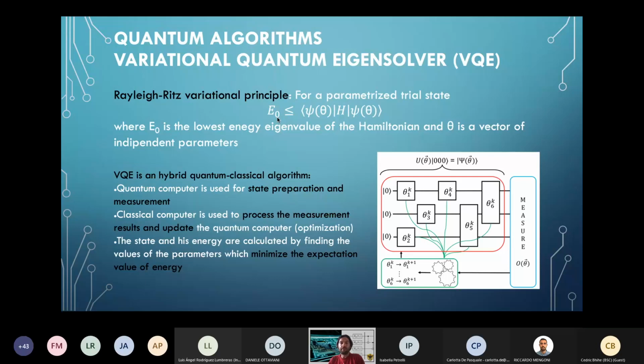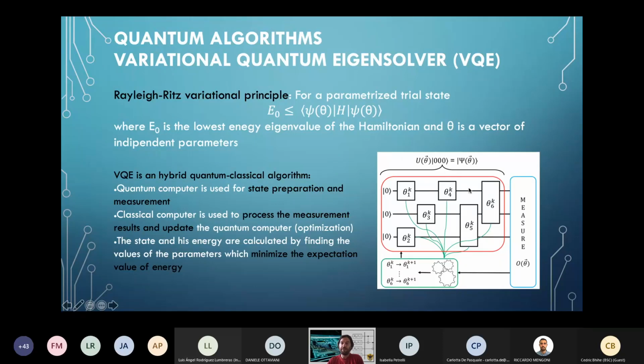And what we would like to find is actually this lowest energy eigenvalue. And in order to achieve this goal, we can search in the variational space of our wave function.